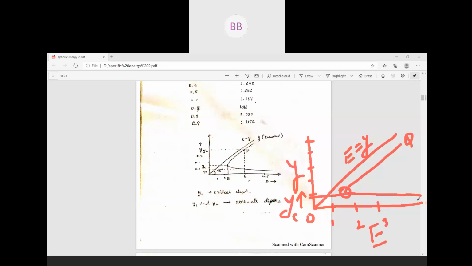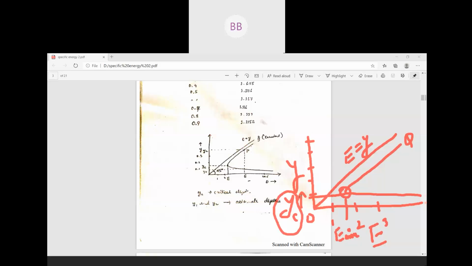When you increase the depth of flow, your specific energy reduces and reaches a minimum value, and further, if you increase the depth of flow, your energy also increases. This is your minimum specific energy, E minimum. For this particular minimum specific energy, the corresponding depth of flow is called critical depth.